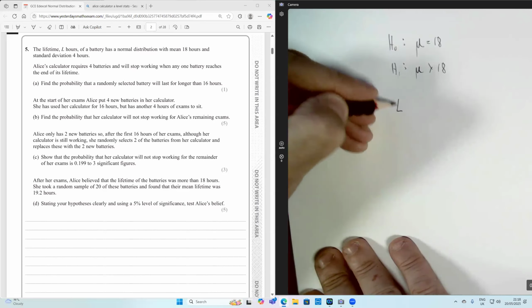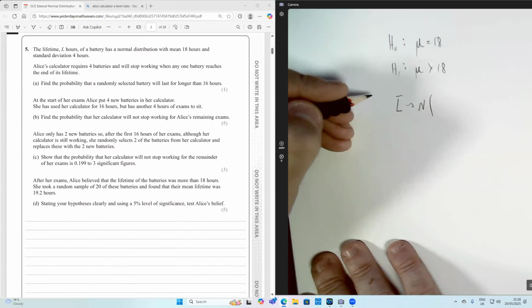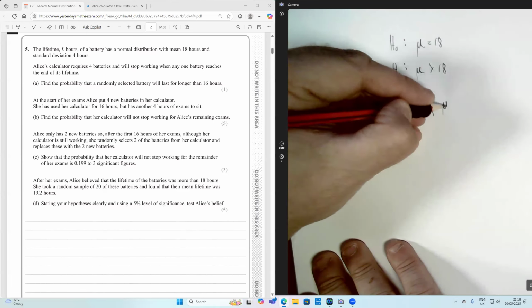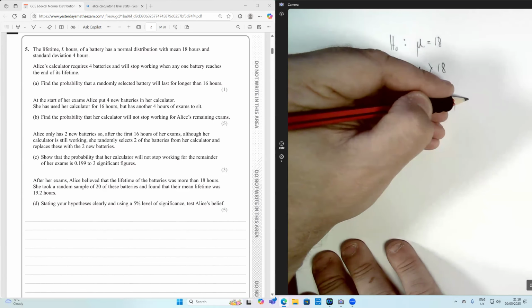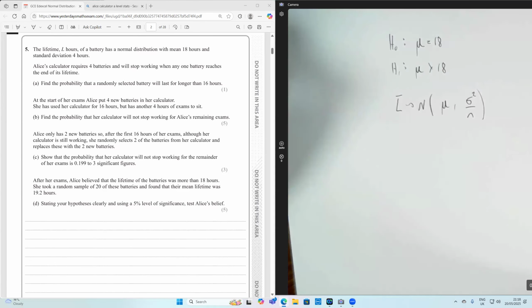Now we've got a sample here from our normal distribution. And you might remember that when we have a sample from our normal distribution, we have mu, the mean, and we have the standard deviation squared over n. Okay, so that's the kind of form that it takes when we have a sample.